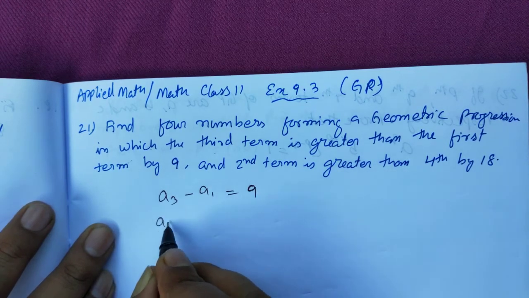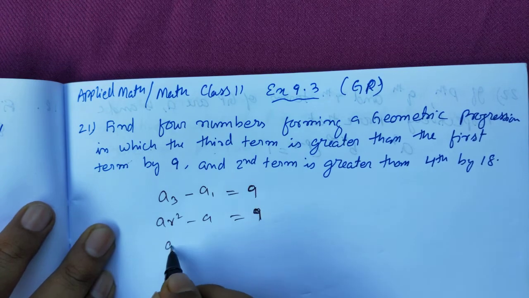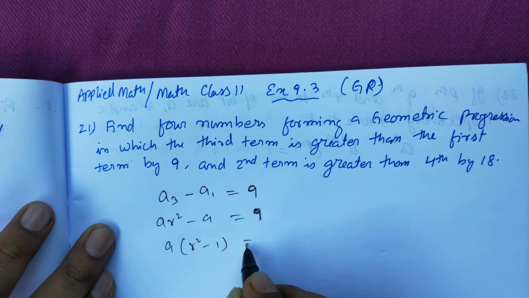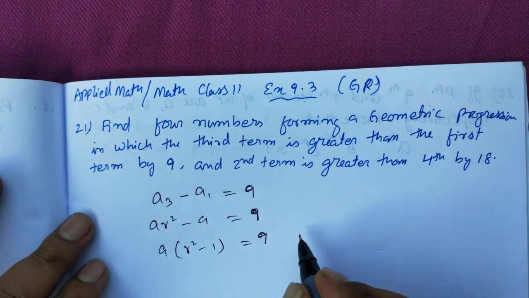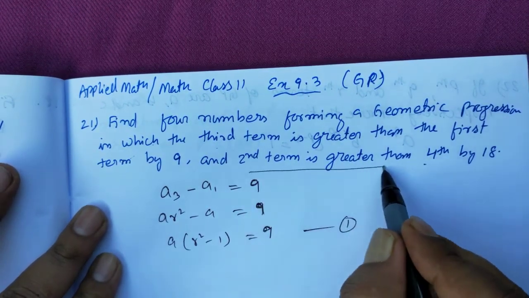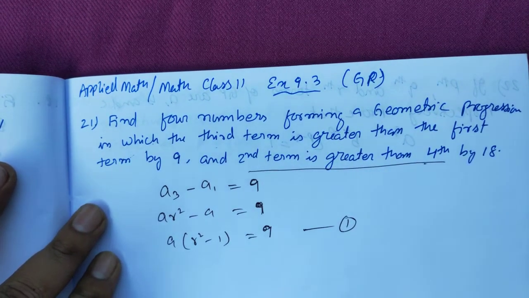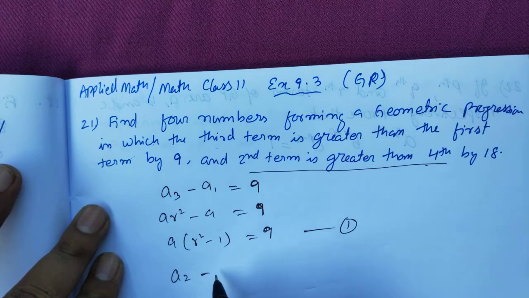That means AR square minus A equals 9. So A(R square minus 1) equals 9. This we can write as equation 1. Second part is second term is greater than the fourth term. A2 is greater than A4 by how much? 18.